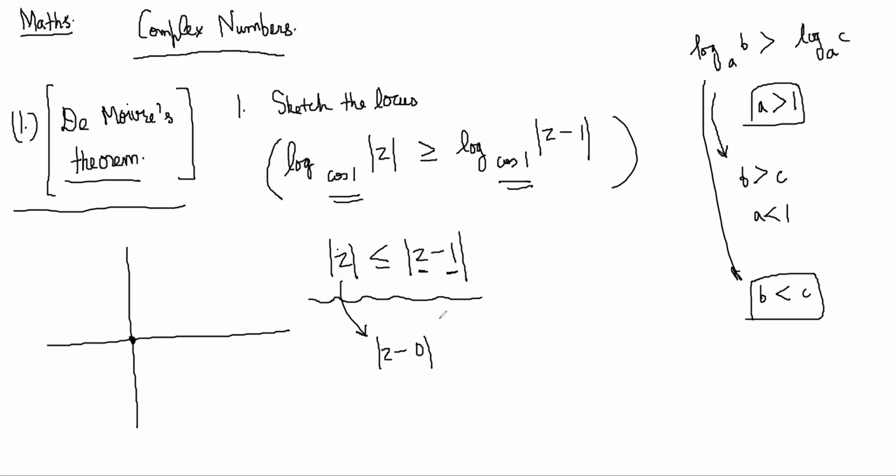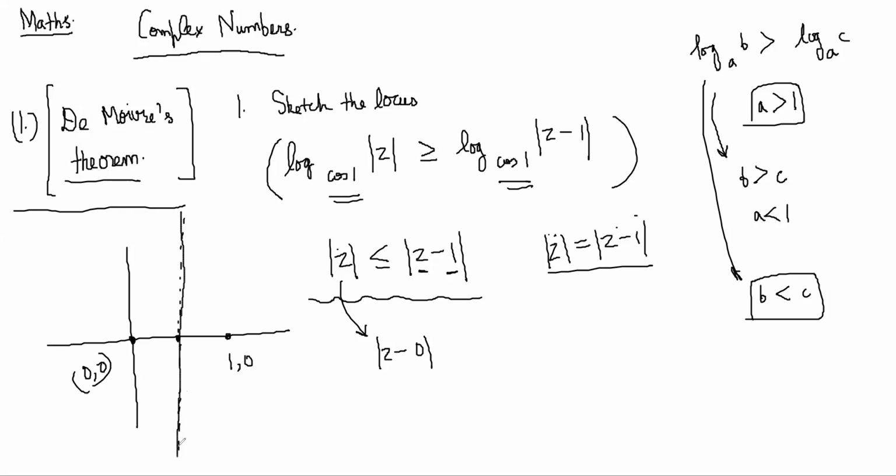Let's mark 1 here, 1 comma 0, and this is 0 comma 0. If you had equality, that would mean it is equidistant from 0 and from 1. There would be a point in the middle that is equidistant. Also, there are going to be points on this perpendicular line. Everything on the perpendicular bisector is going to be at equal distance from 0 and from 1.